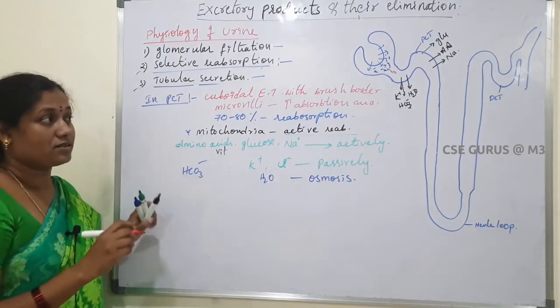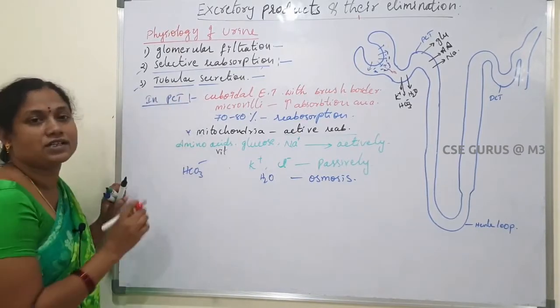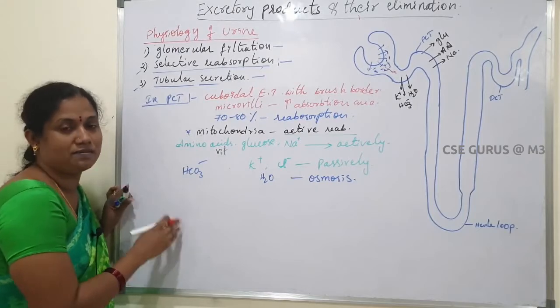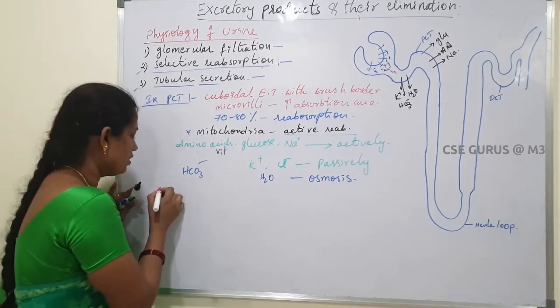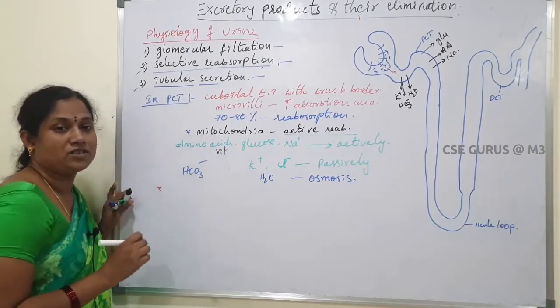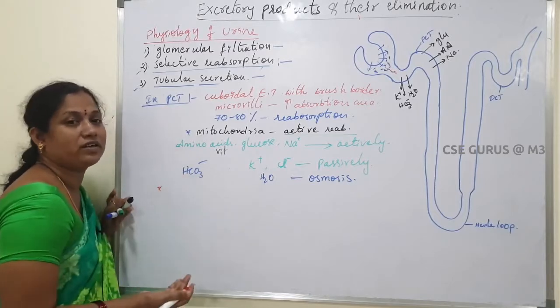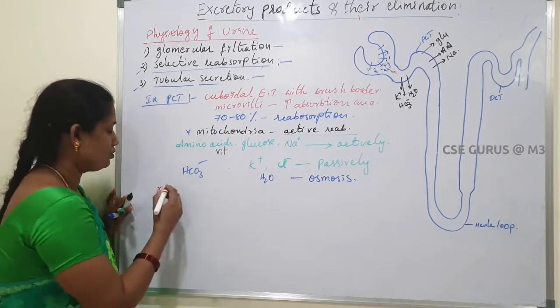Next here, tubular secretion also takes place to maintain ionic balance and also maintain pH balance. So here the PCT secretes some substances into the renal tubule.